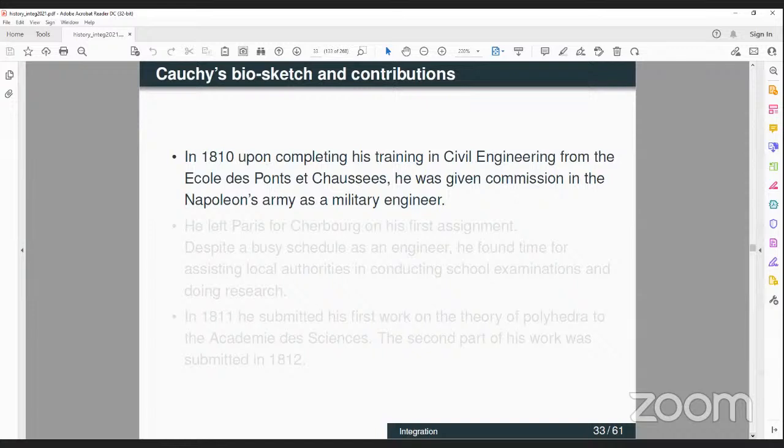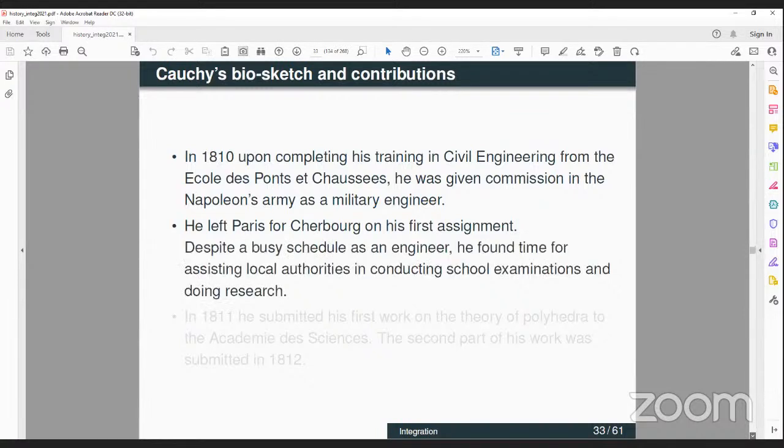But he completed his training as a civil engineer in 1810, and he was given a commission in Napoleon's army as a military engineer. So he left Paris for Cherbourg as a first assignment. Despite his busy schedule, this is important, as an engineer he found time to help local authorities conduct school examinations and do his own research.